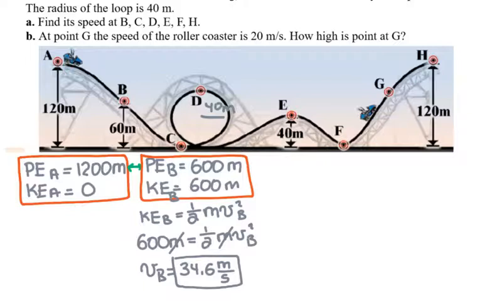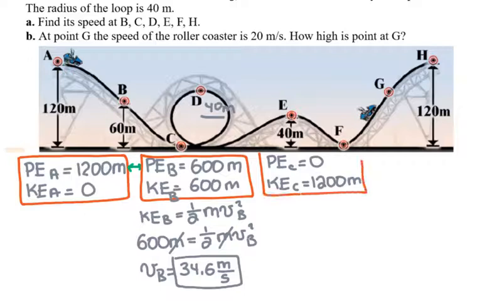Now I'm going to look at C. The potential energy at C is equal to 0 because it doesn't have any height. That means the kinetic energy at C is equal to the total mechanical energy, which is 1200 M. C is all the way at the bottom.